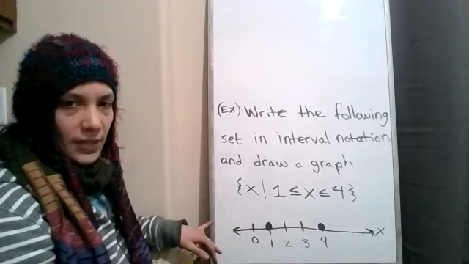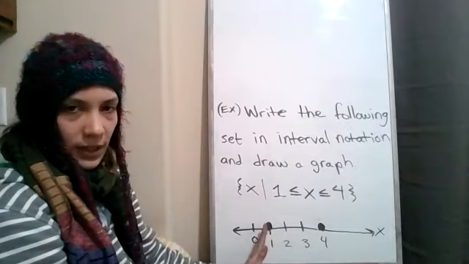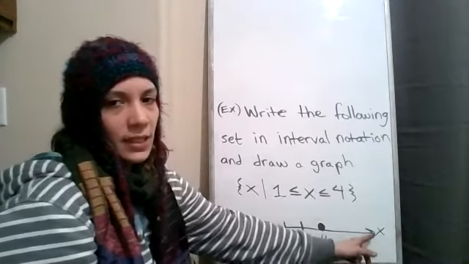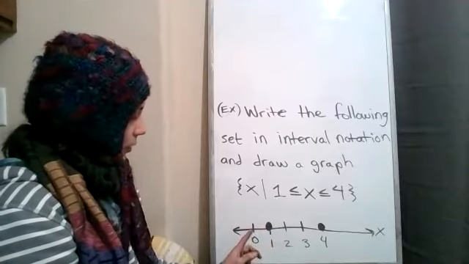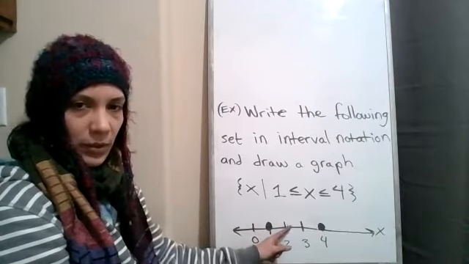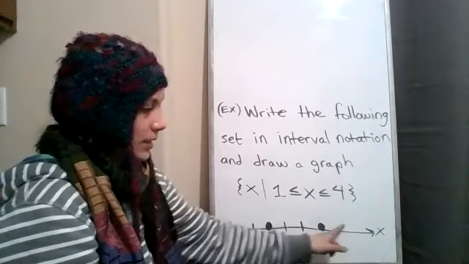You would have test intervals: an interval that goes from negative infinity to 1, an interval from 1 to 4, and then from 4 to infinity. So we can test something like 0 on that side. Maybe we'll test 2 for this interval. And then we'll test like 5 over here.